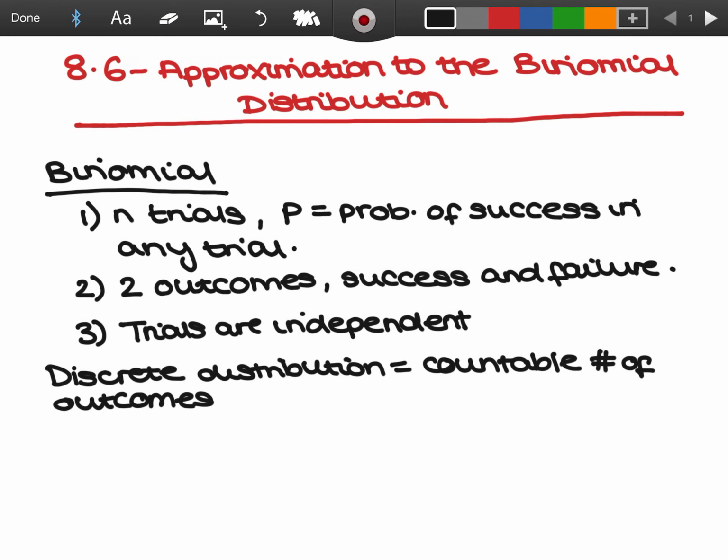Okay, so there's a countable number of outcomes there. But then when we went over to normal distribution, you had infinitely many outcomes. Okay, you could come up with some infinitesimal decimal that could be a possibility. We looked at time, height, and weight as examples of a continuous distribution.